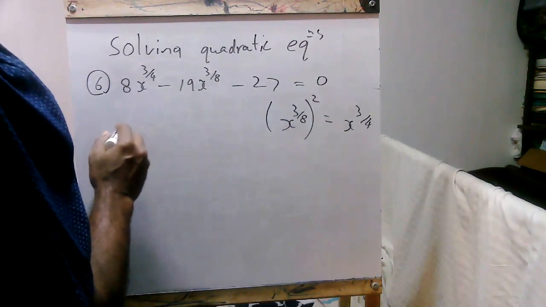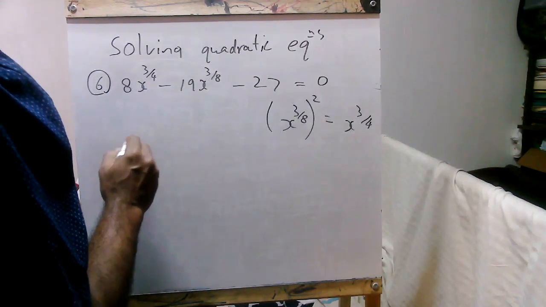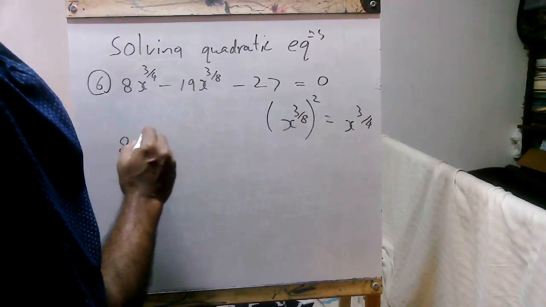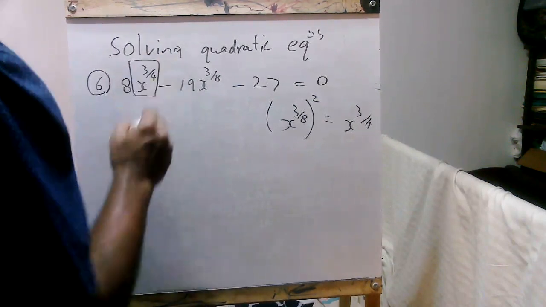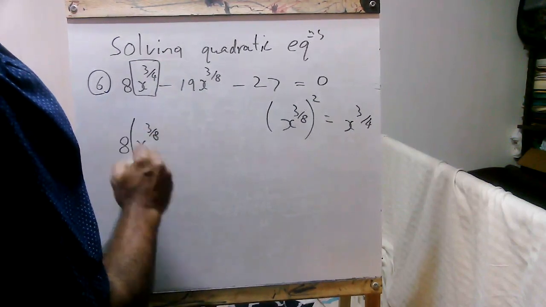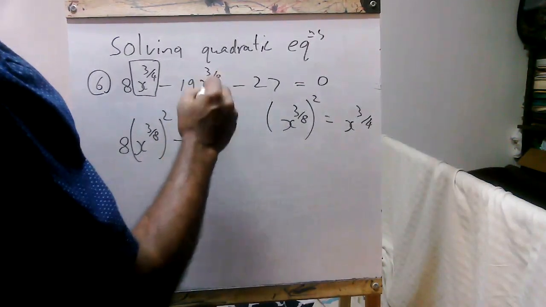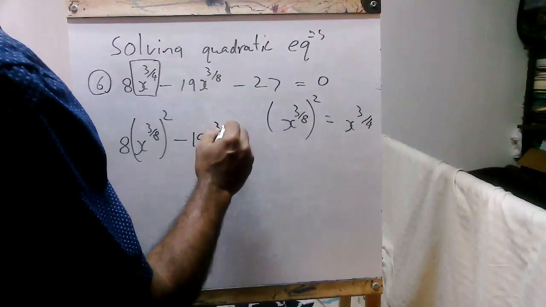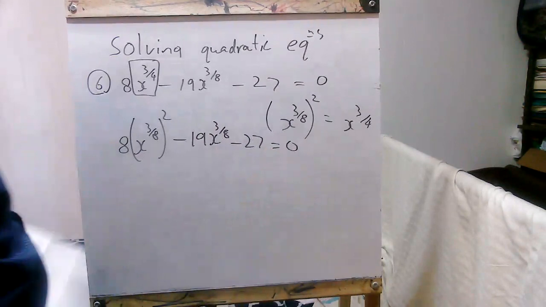Therefore, can we write this 8 x to the power, in place of 3 over 4, can I write 3 over 8, this to the power 2? I don't do anything to this one. 19 x to the power 3 over 8 minus 27 equal to 0.